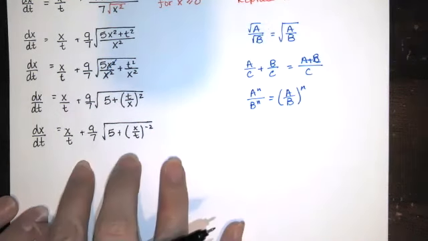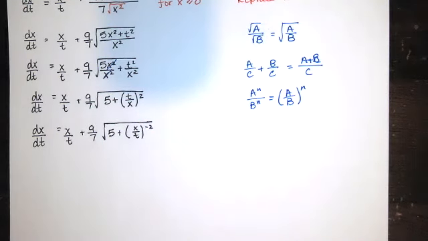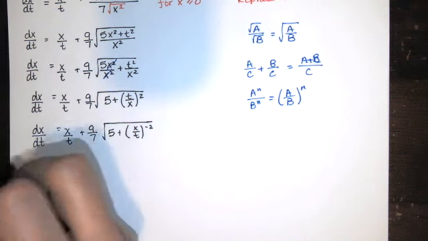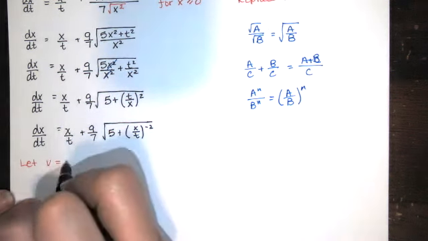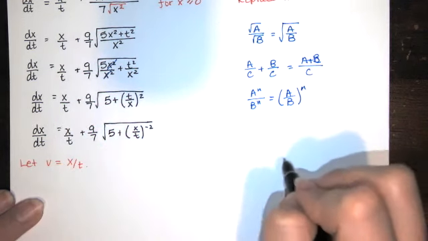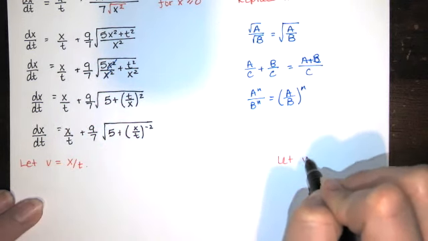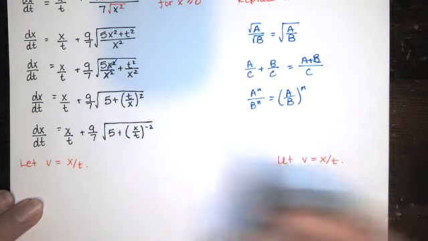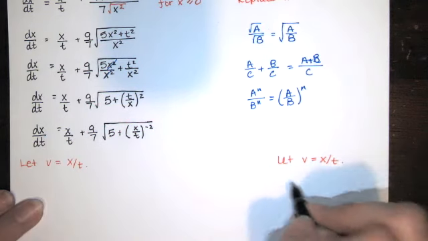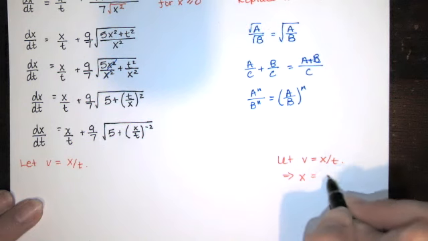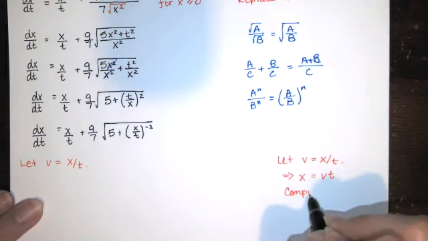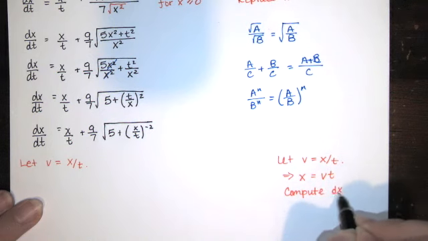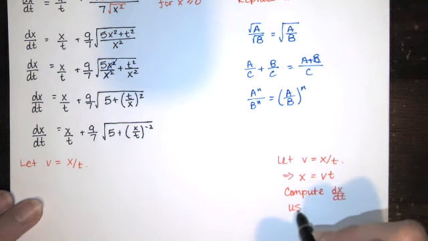And now we are ready to substitute. So we're going to let v, that's just some variable that we made up, equal x over t. Then you want to solve for x, because x is a function of t here. I'm multiplying both sides by t. And then we want to compute dx dt using the product rule.